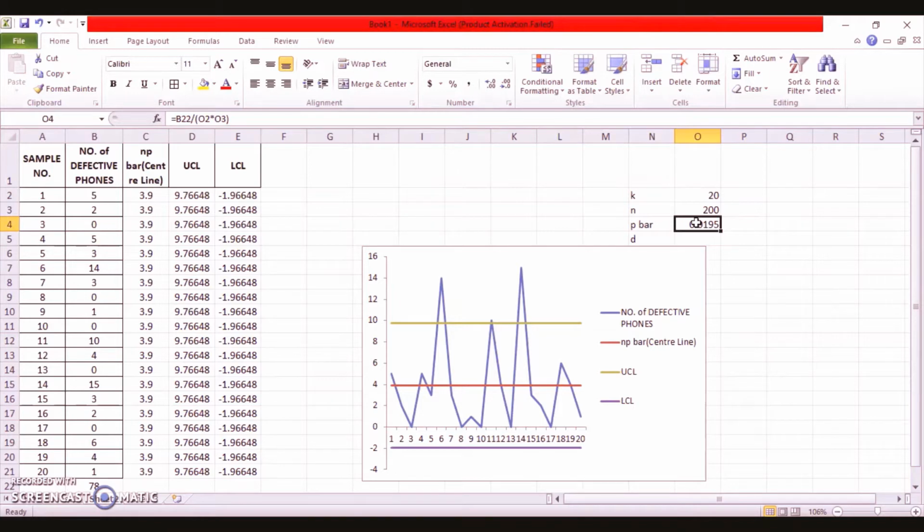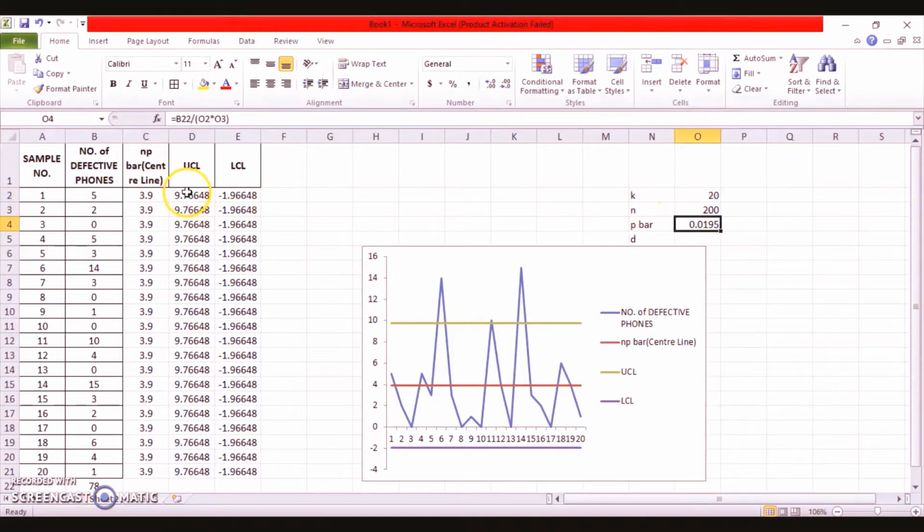So here the total number of defective phones is 78, that is divided by the total sample, which is the product of n and k, that is 200 into 20, and this value is your p bar value. After you get the p bar value, you have to find out the np bar value, that is also called the center line value, and that is calculated with the help of n and p bar values that are given here in this table.